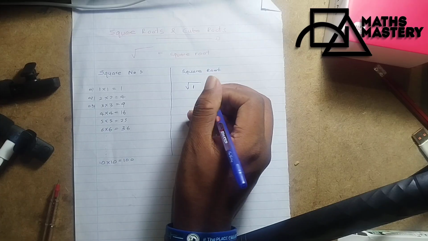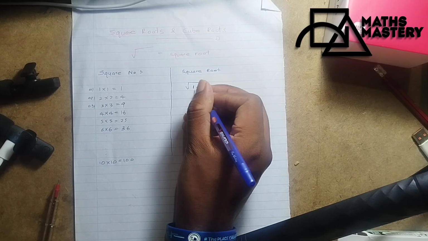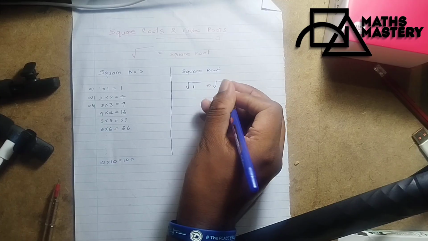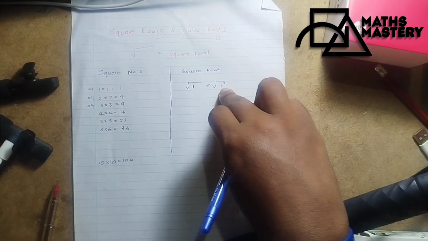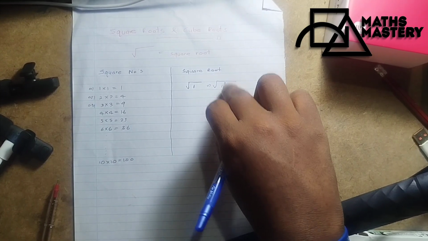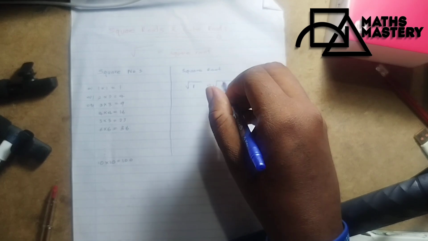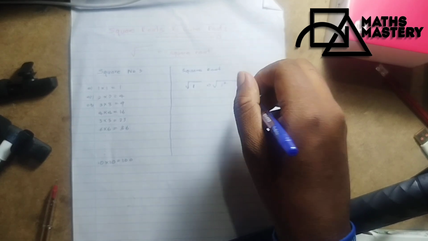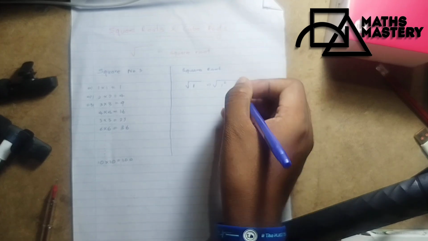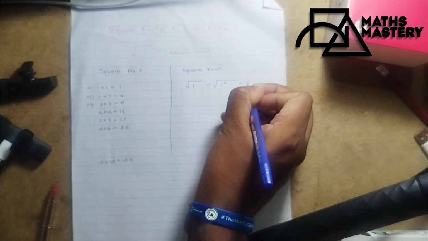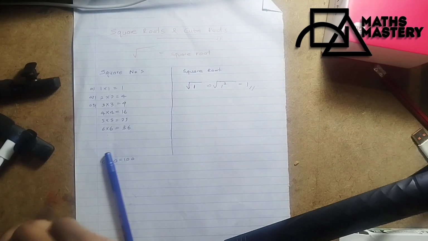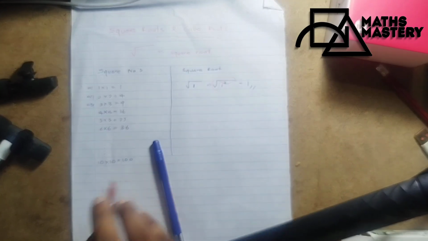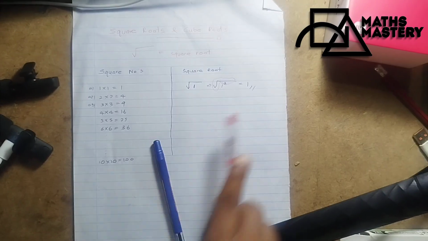Instead of 1, we can write 1 square, because 1 square is also 1. So this square and this square root cancel, and you get the answer 1.